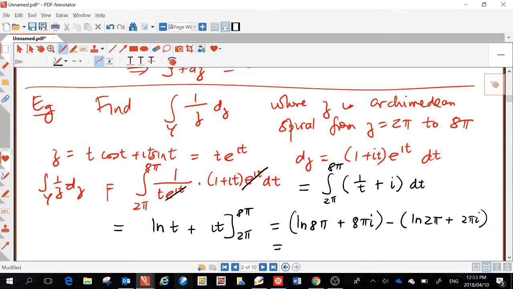Ln 8 pi minus ln 2 pi is ln 4, because when subtracting logs you divide: 8 pi divided by 2 pi is 4, not 4 pi. So ln 4 plus 8 pi minus 2 pi, which is 6 pi i.